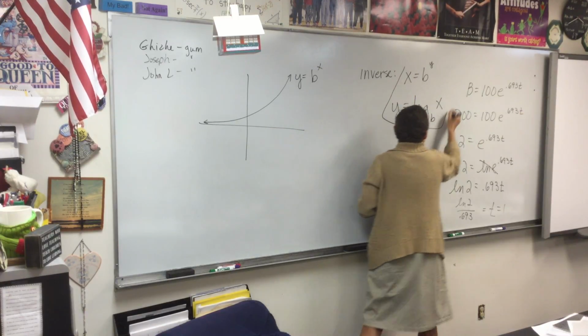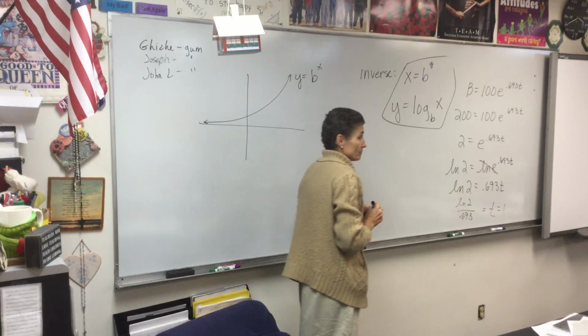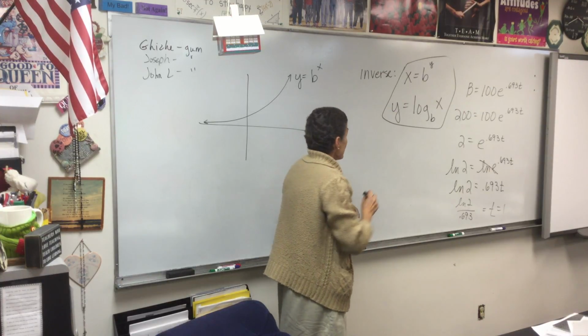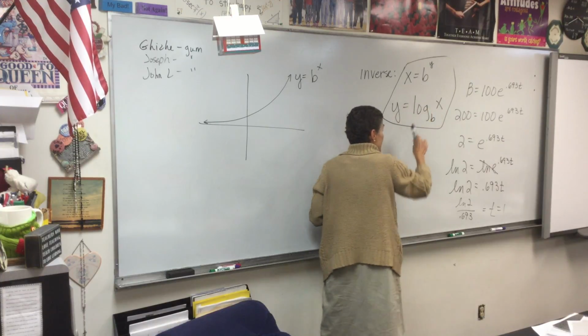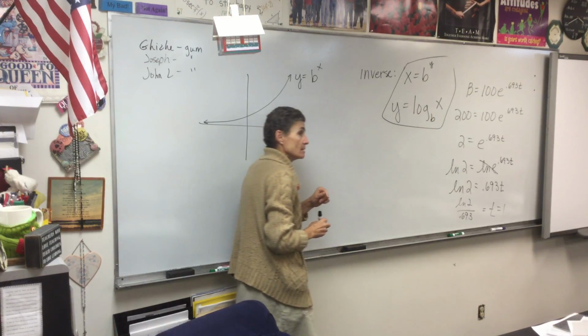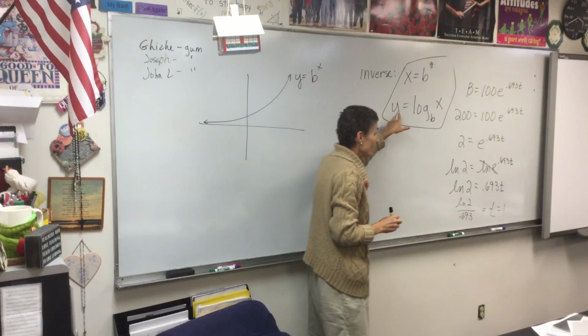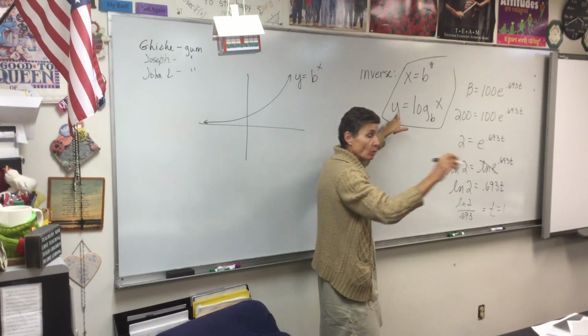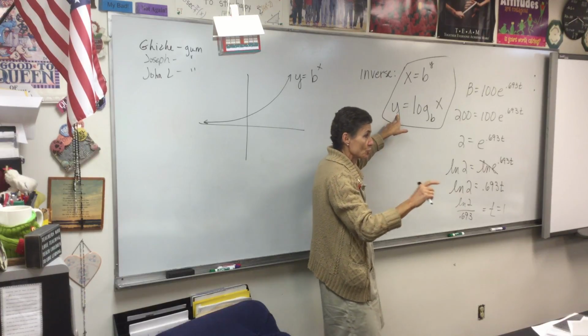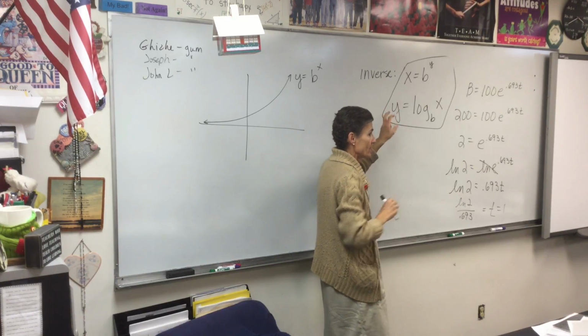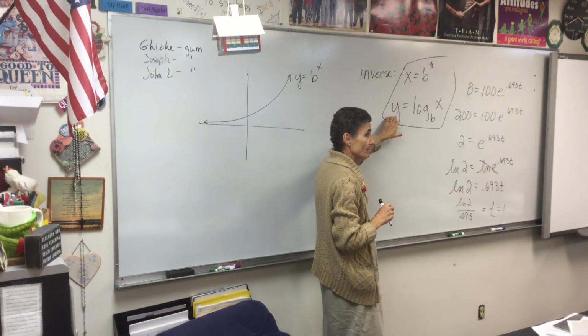These are the same equation. These two equations are exactly the same set of points, but this one now has y equals, so I can put it in my calculator, or I can do calculations with it in function notation, f of x.